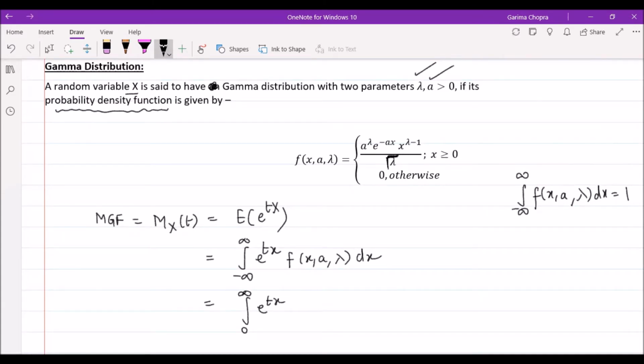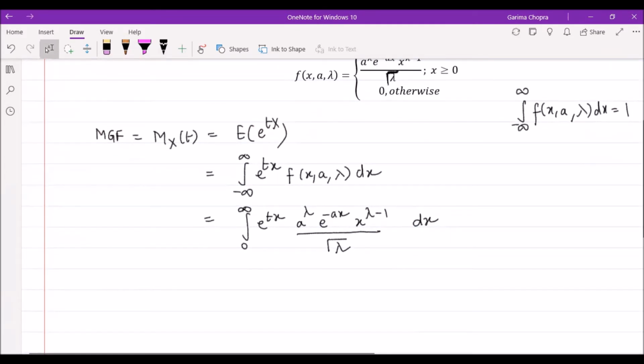Let us use the definition of the probability density function, which is a raised to power lambda, e raised to power minus ax, x raised to power lambda minus 1, divided by gamma of lambda, and we have to integrate this with respect to x. Now let us take the constant terms outside.